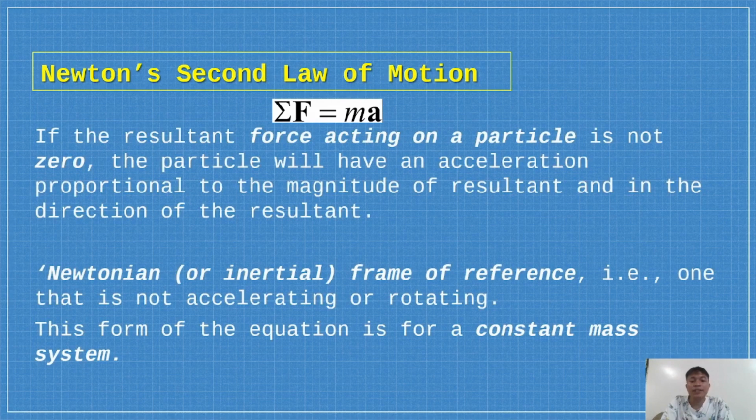If the resultant force acting on the particle is not 0, the particle will have an acceleration proportional to the magnitude of the resultant and in the direction of the resultant. We express that in a Newtonian or inertial frame of reference, which is one that is not accelerating and not rotating. This form of the equation is for a constant mass system.